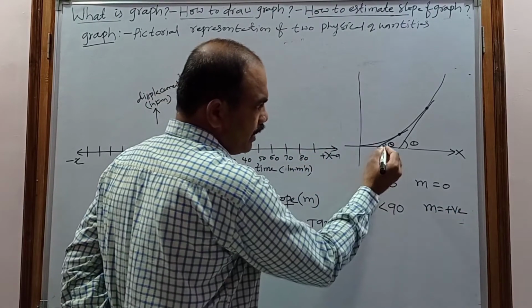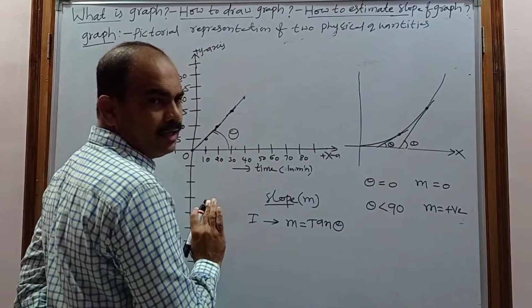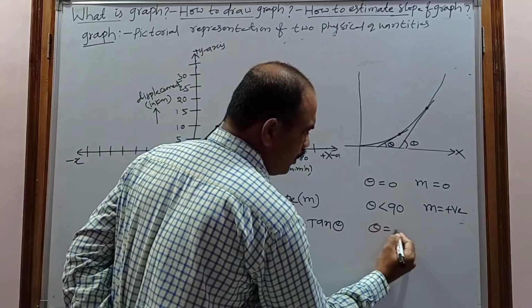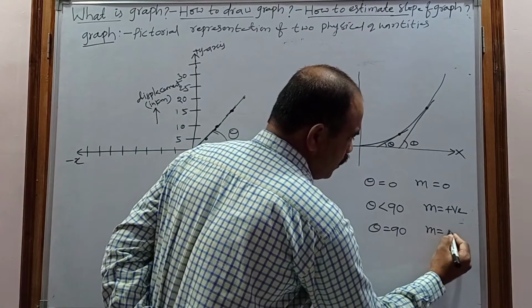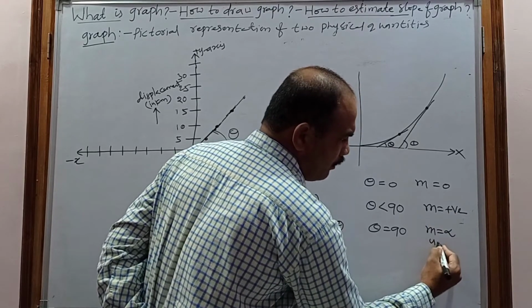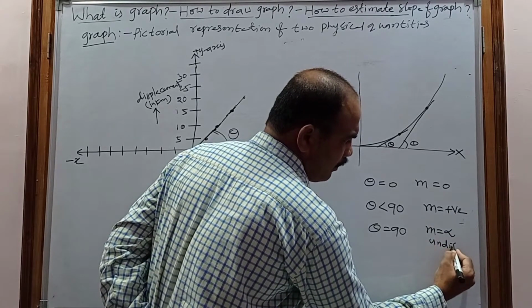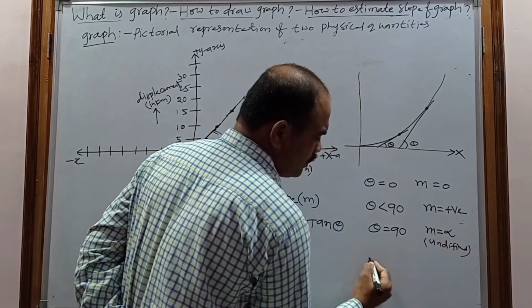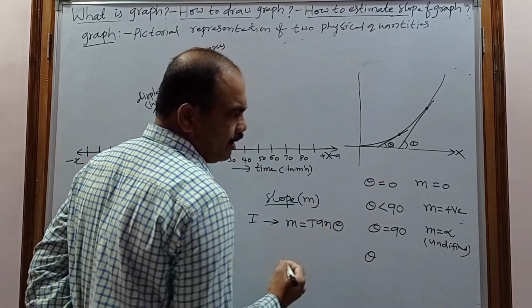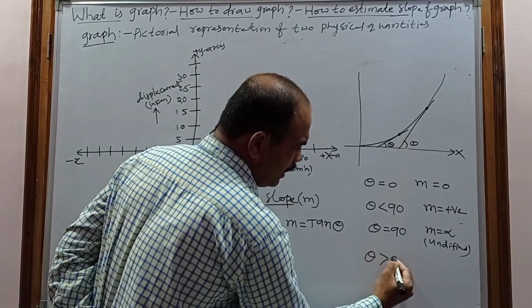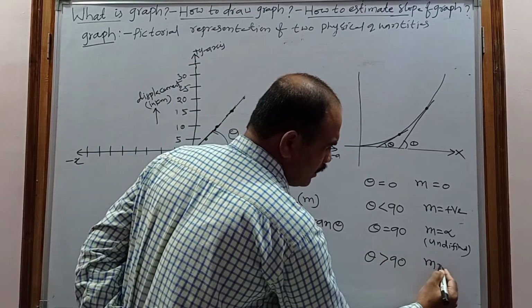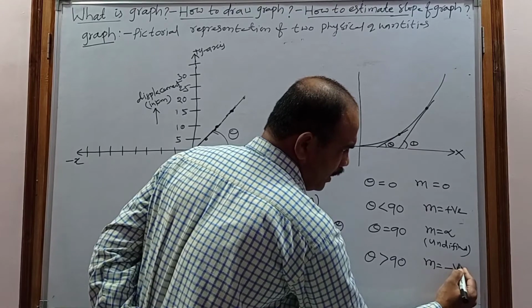If the angle made by the tangent or the straight line is equal to 90 degrees, then the slope is said to be infinity or undefined. If the angle is greater than 90 degrees, then the slope of the graph is said to be negative.